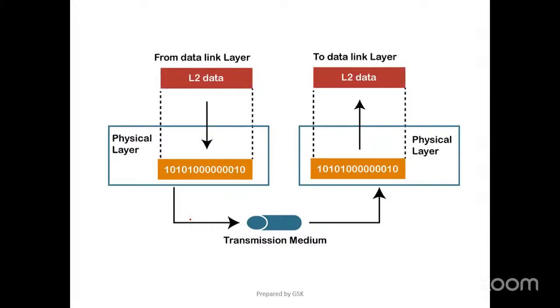See this image. When working in real time, the physical layer receives the data from the layer above it, the L2 layer. What is the L2 layer? We have seen just now, no? The data link layer. So let us say that is the source and this is the destination.